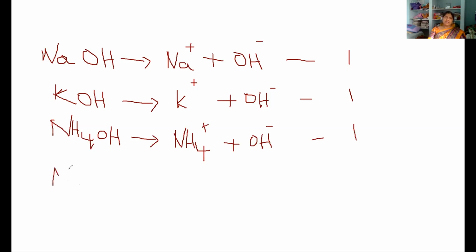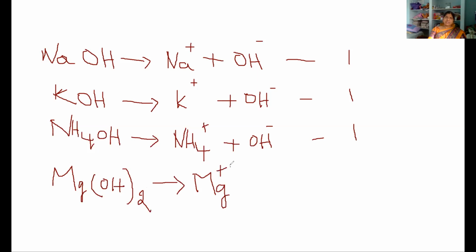Then Mg(OH)2, that is magnesium hydroxide. So how will it split? What is the valency of magnesium? How many electrons will it lose? 2 electrons. So magnesium will get a plus 2 charge.